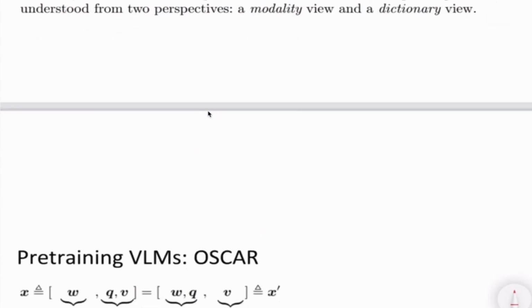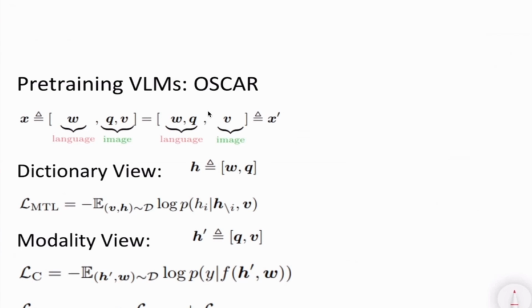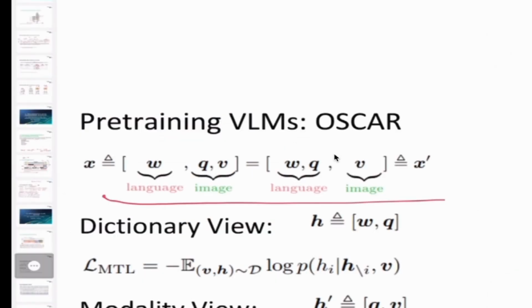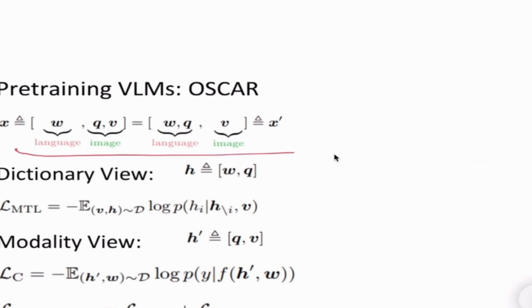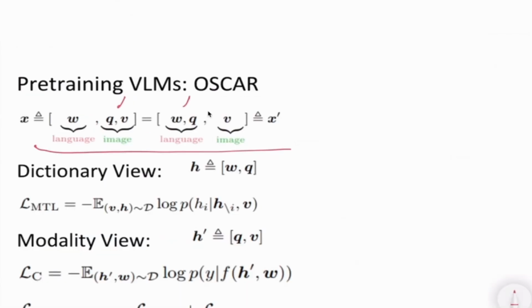Okay, and what they use. I have already explained the modality view and the dictionary view. Again, you mask your text tokens and you recover them. So the probability of the masked text token h_i, in this case they represent it with h.